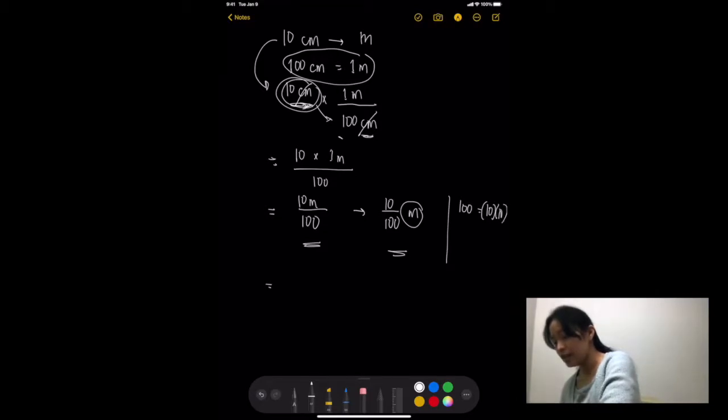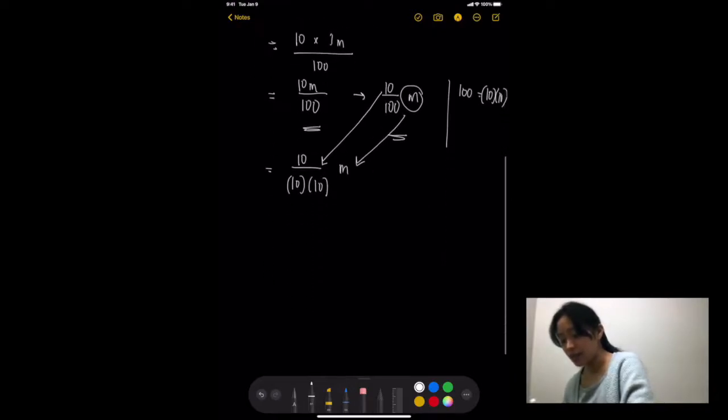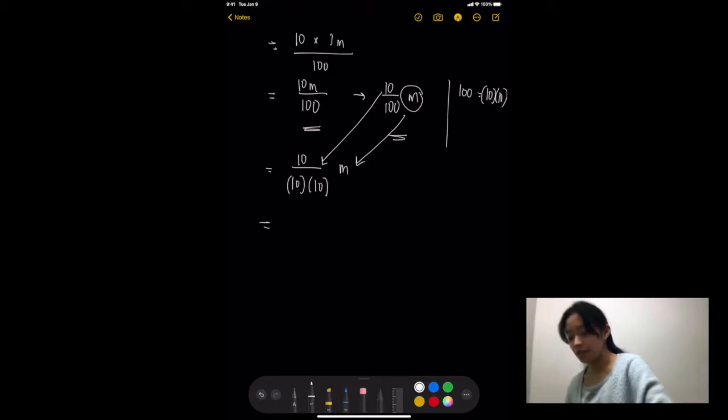I can also take note that 100 is simply 10 times 10, correct? So if I rewrite that, I would have 10 in the numerator, and 100 is simply 10 times 10, and then I write the unit here. Now we have 10 over 10 times 10 meters. I'm seeing similar numbers both in the numerator and denominator, so I can cancel them out.